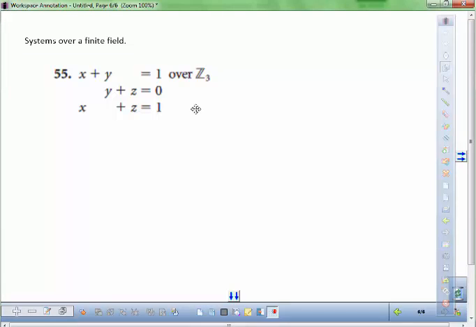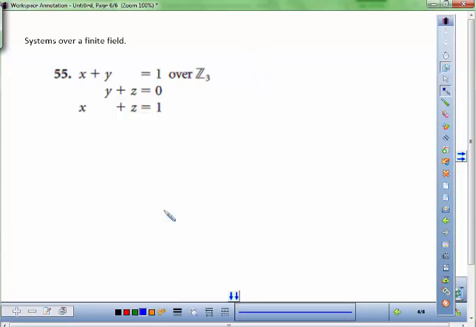And when you say multiply or divide, you really have to work with the multiplicative inverse. So it might be good, especially with these finite fields, to have the addition and multiplication table handy. We're in Z3.